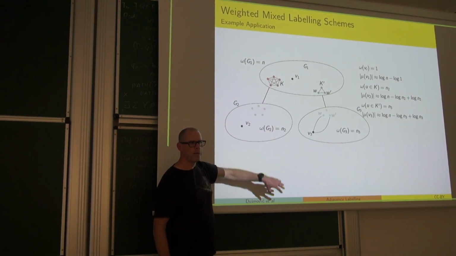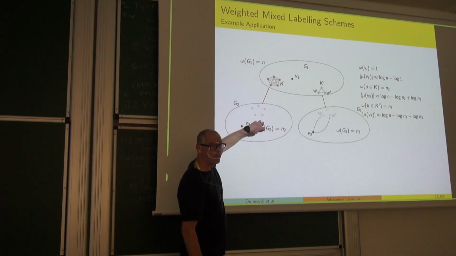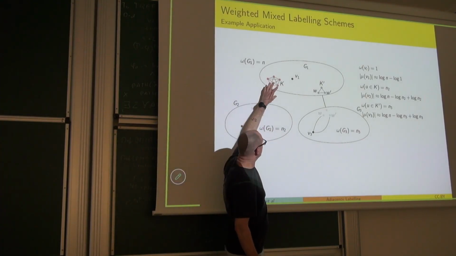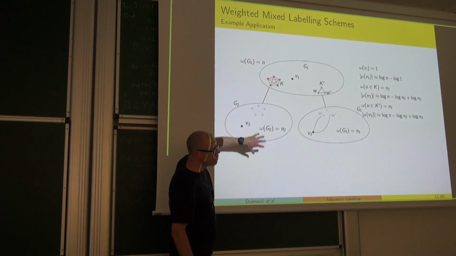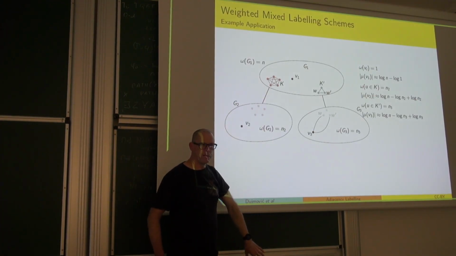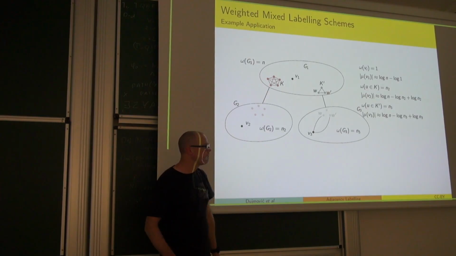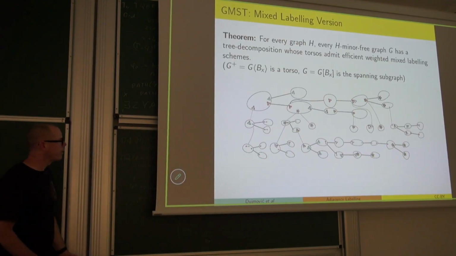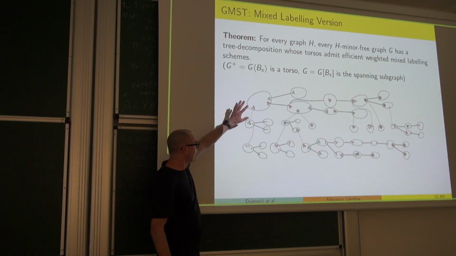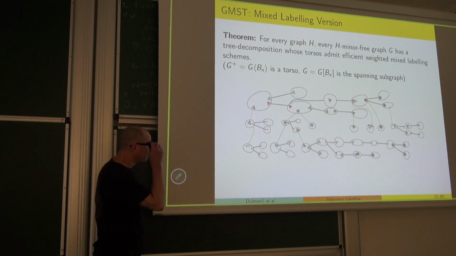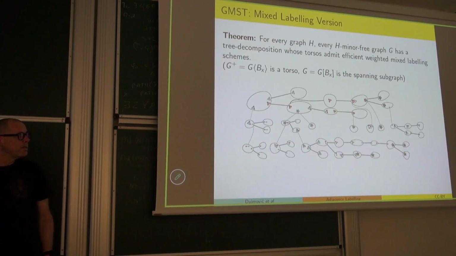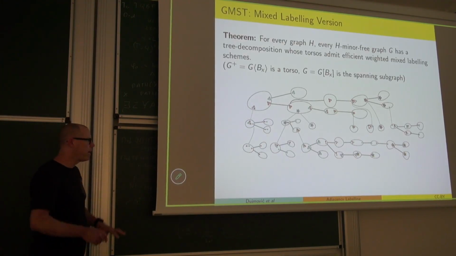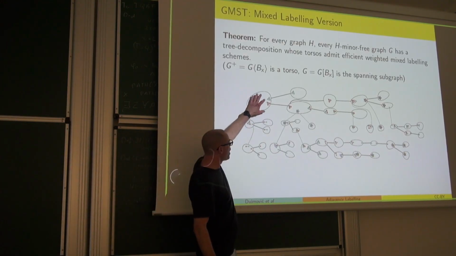But actually, if you work through what happens if you just use induction down here, you realize there's a telescoping series that happens. You get this minus the weight here, plus something, minus something, and it works out and telescopes wonderfully. So you get really excited and say, look, here's how I do it. Give me the Robertson-Seymour tree decomposition. With a bit of work, I can adjust the existing schemes for adjacency labeling to do this weighted mixed adjacency labeling inside each bag.